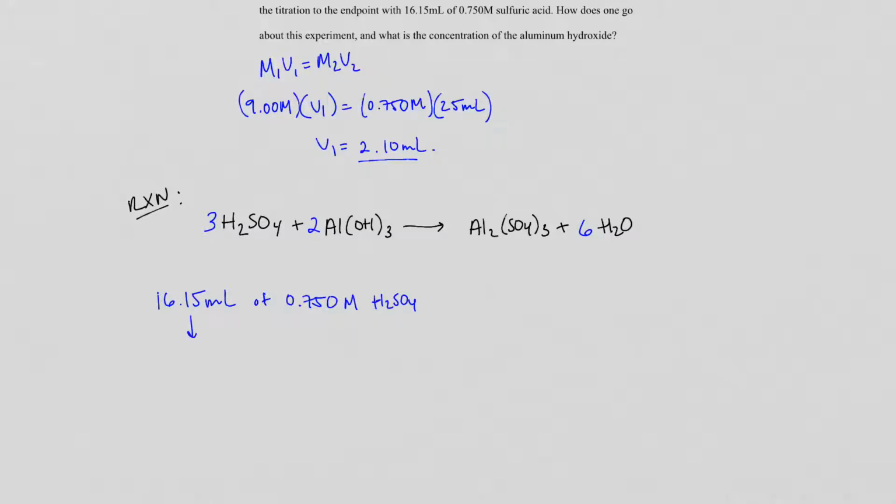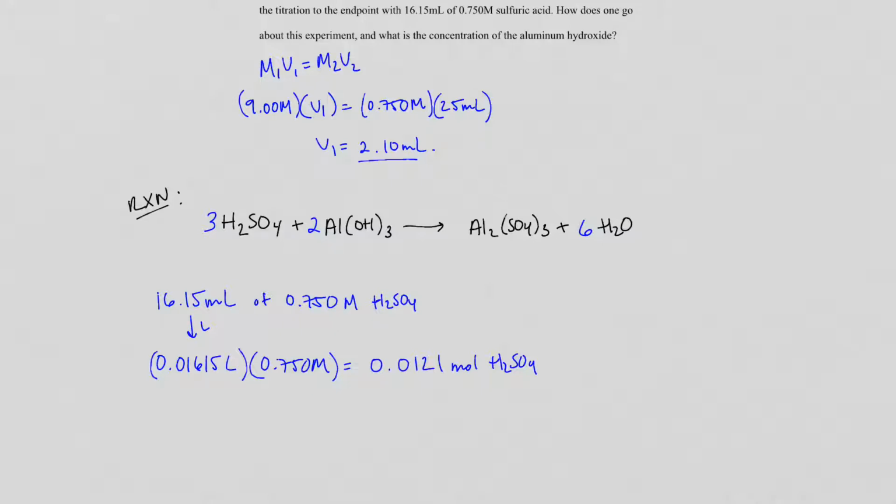That's going to go to liters. So it's going to be 0.01615 liters times the 0.750 molar to give me moles of H2SO4. So that turns out to be 0.0121 moles of H2SO4.